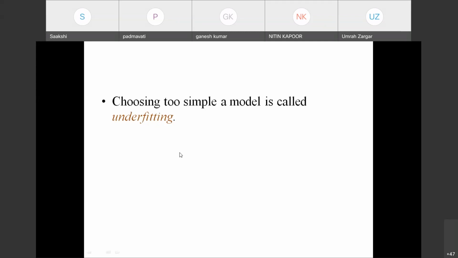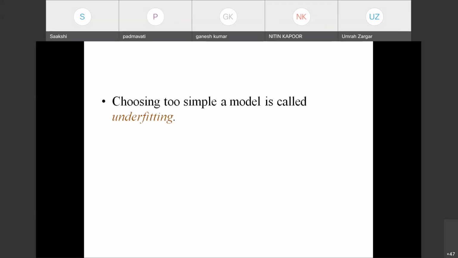Now, the problem here is we should be very careful while choosing the model. I should build the model such that it should not be too complex and should not be too simple. If I select the model too simple, what happens? Underfitting will occur. My model may not learn the training data completely.